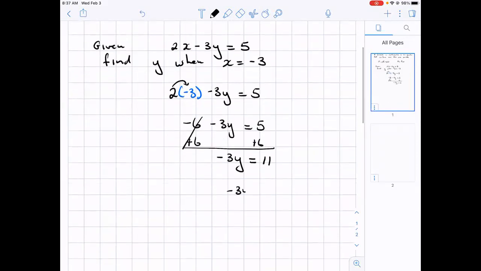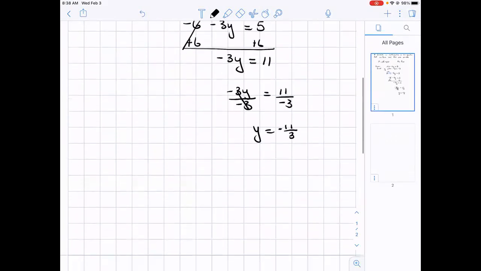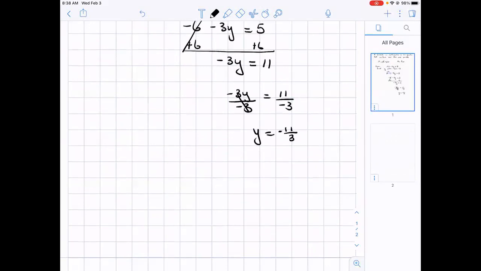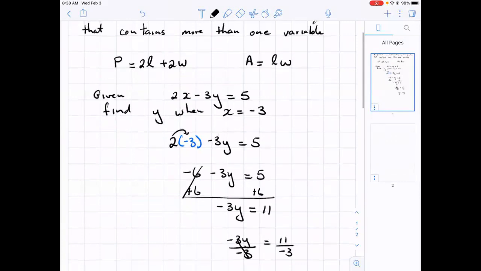And then to get y by itself, we'll divide both sides by negative 3. So we end up with y is equal to negative 11 thirds. Okay. So this is basically the steps you have been using before if you want to isolate, if you want to solve for y, right? Find y.